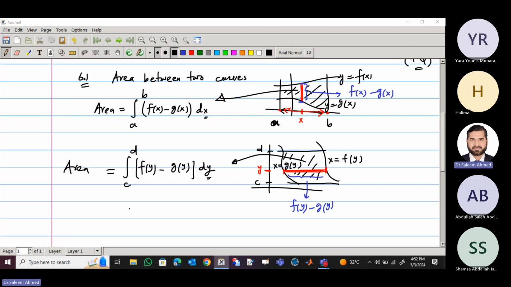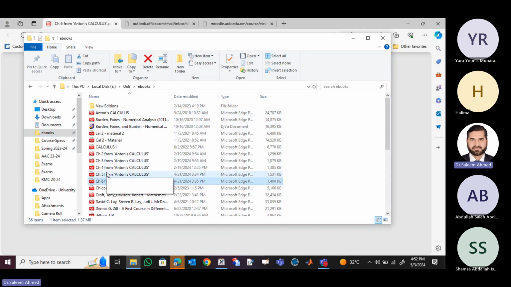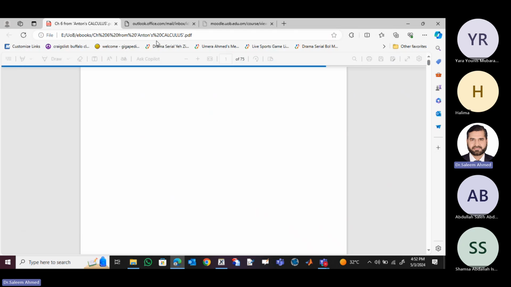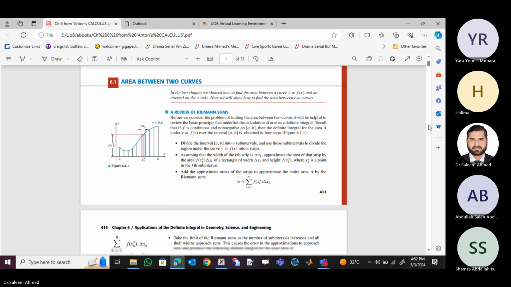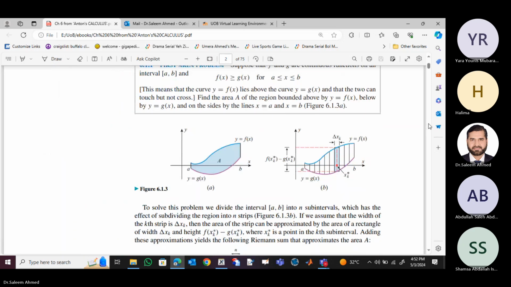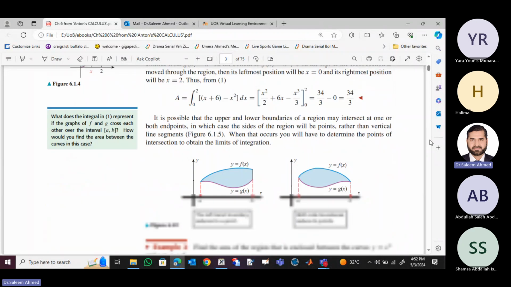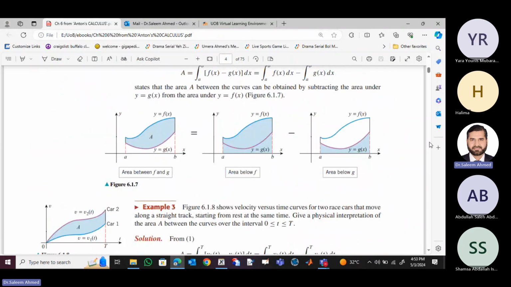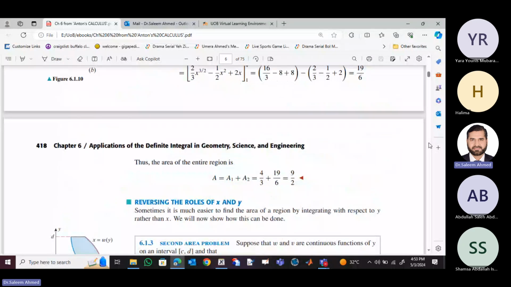So if I open the book, chapter 6, I can go straight from chapter 6. So see here, you can see these are the area problems. So see, if you have upper curve minus lower curve from a to b, and if you have y-axis, then you can go from left to right.